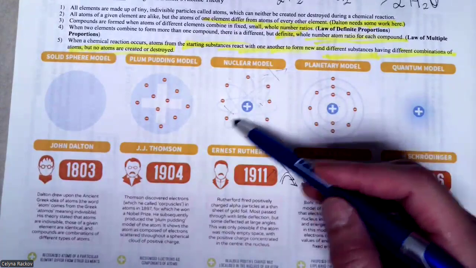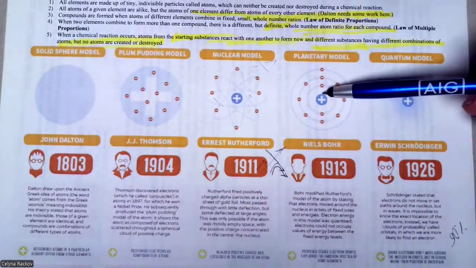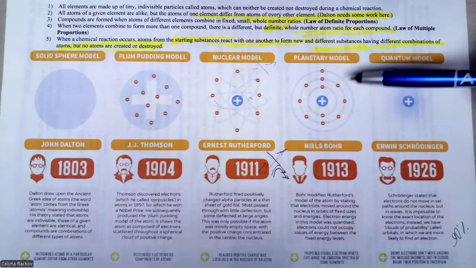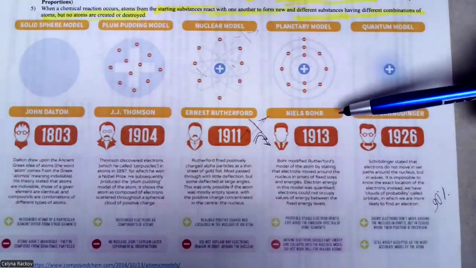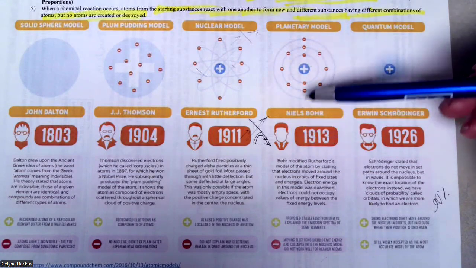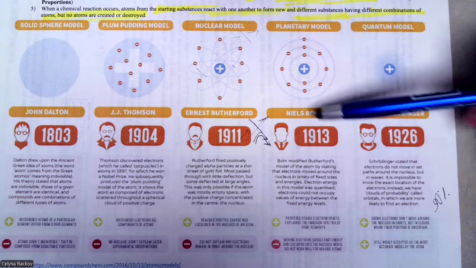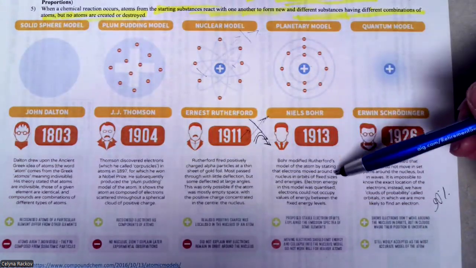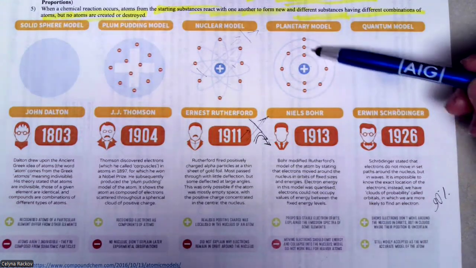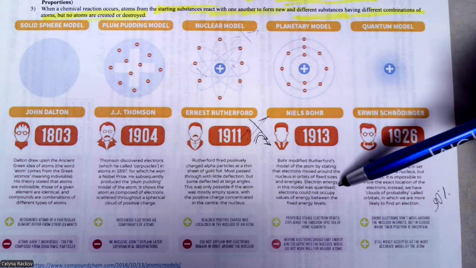Okay, so here, orbits. And then the planetary model. We still talk about orbits here, right? According to Bohr, this is a modified Rutherford model of the atom, stating that electrons move around the nucleus in orbits at fixed energy levels.